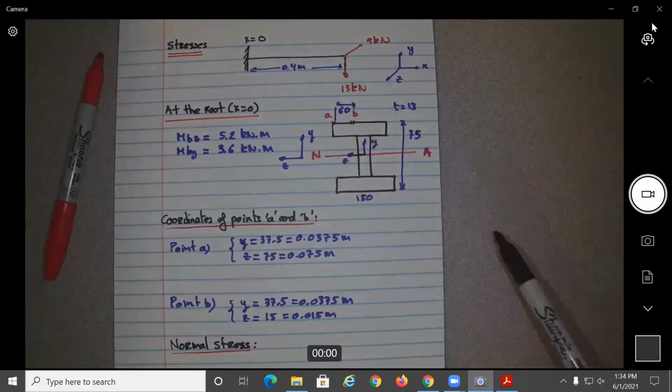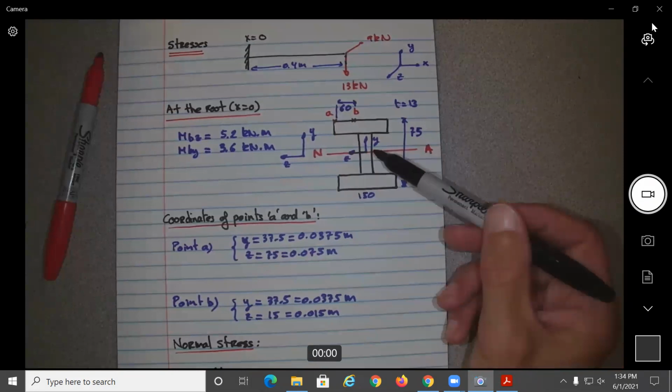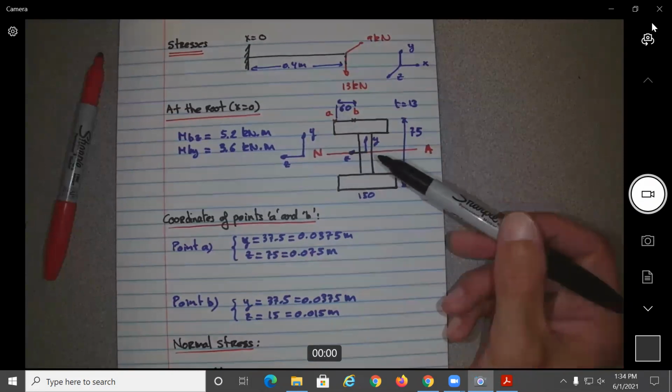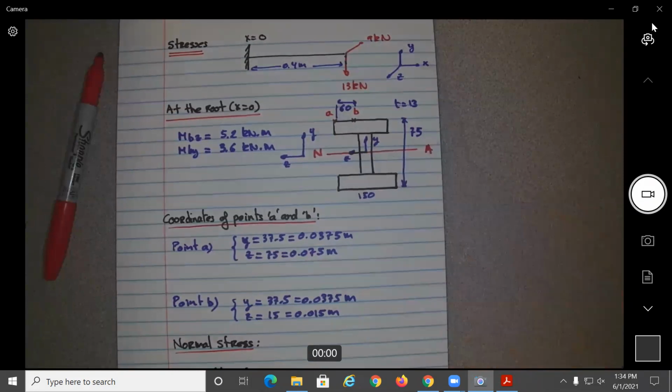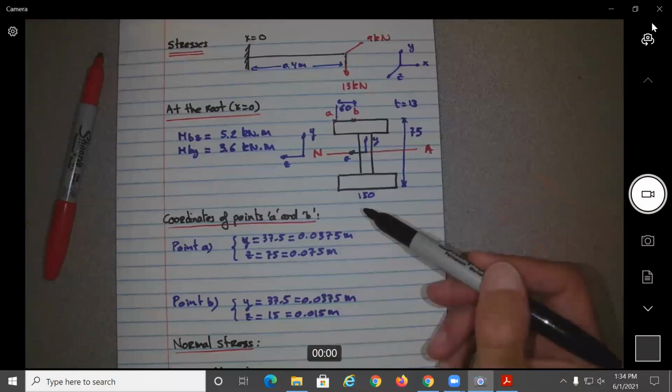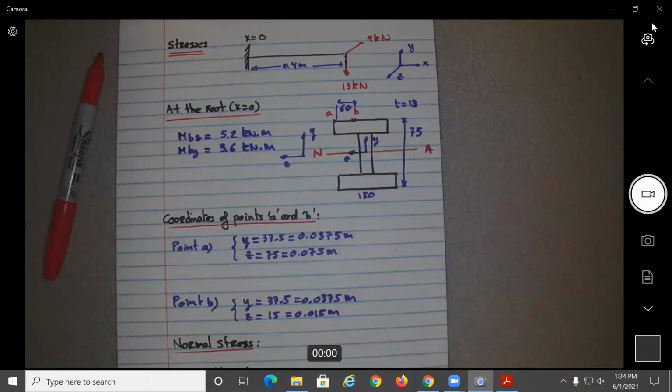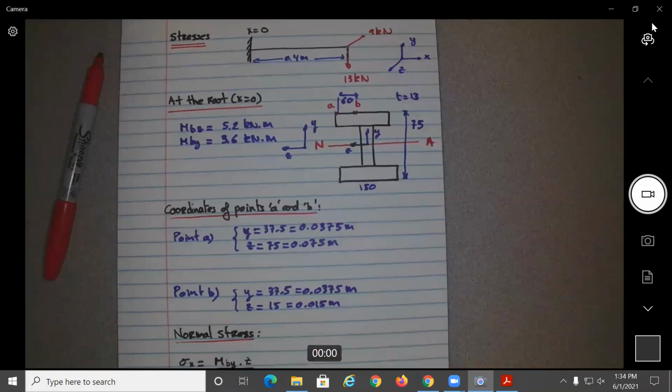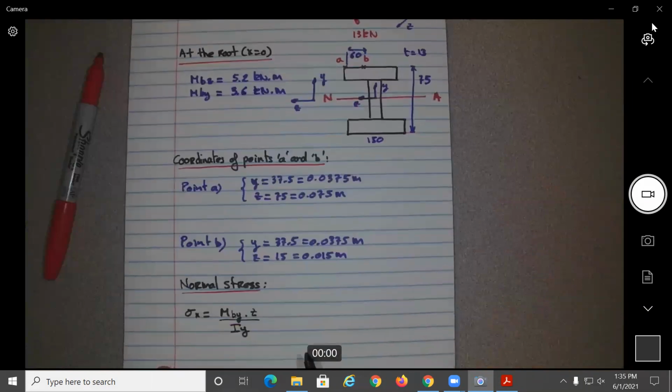Okay. We have MBY. If we start by MBY, now the cross section will be changing in the Z direction. And this will be bending about which axis? About the Y axis. Okay. We have here I of Y. So this one will be in tension. So we keep that one positive.